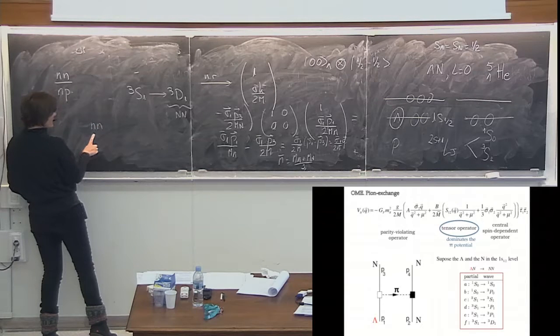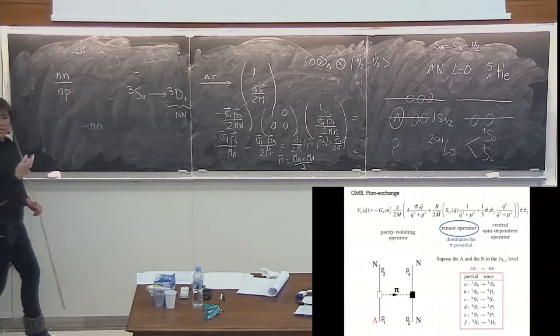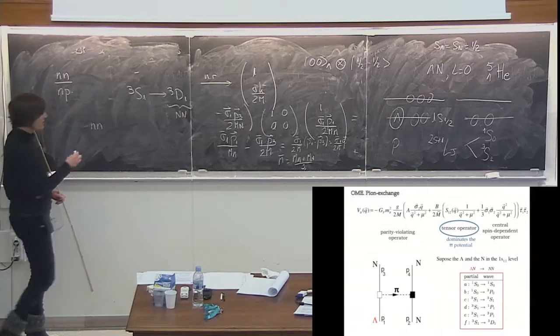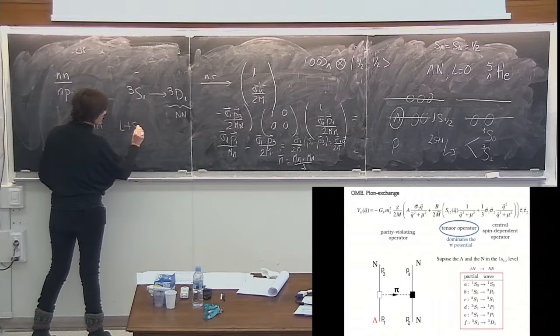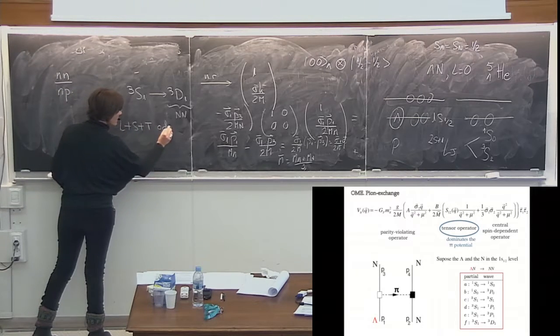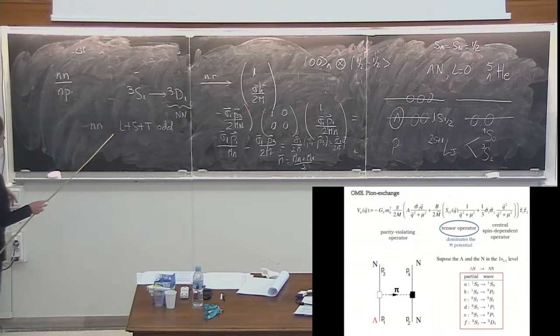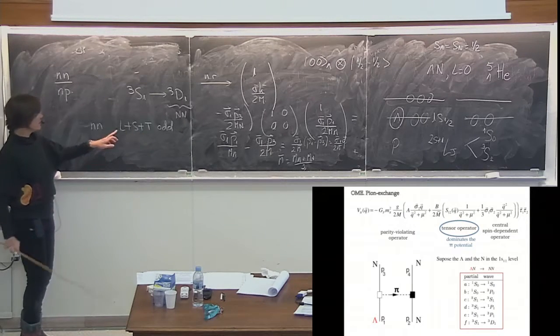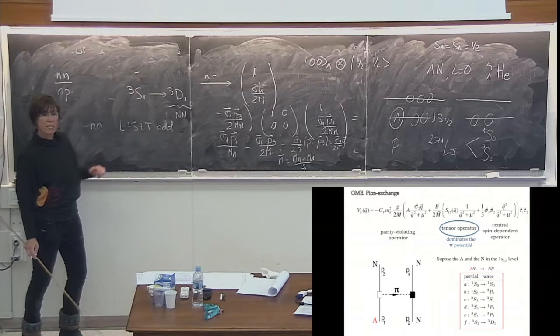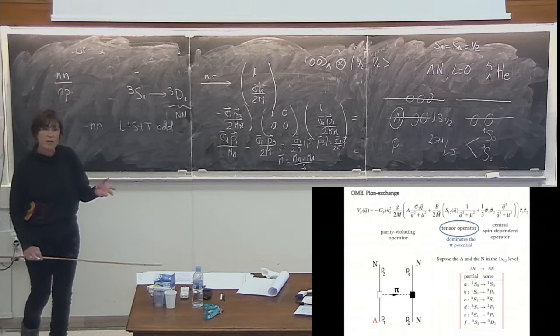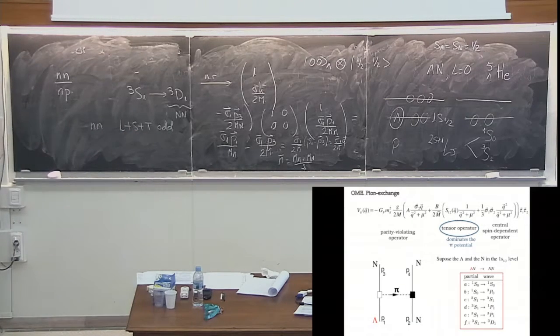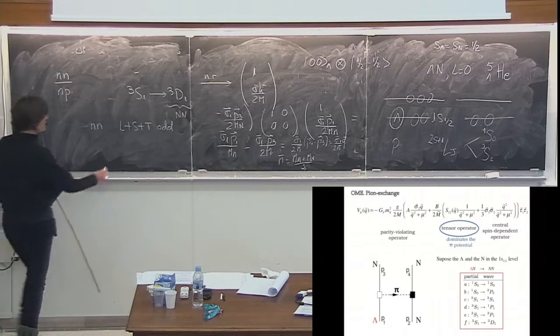These 2 neutrons are 2 identical particles, so the wave function has to be antisymmetric, right? And they have to satisfy that L plus S plus T, angular momentum, spin, and isospin of the pair, has to be an odd quantity, because of antisymmetry.